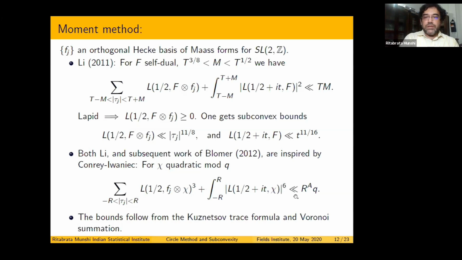And from this, since again you have non-negativity for these terms, here anyway you get absolute value, so it's no problem, but you have non-negativity for this, they could derive a very strong subconvex bound for quadratic twists of GL2 forms.